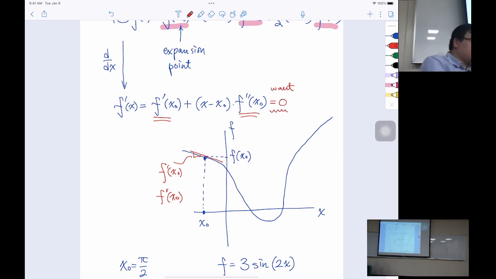Okay, and what Newton wants to do is we want this to be 0. We want to find a location where this function equals 0.